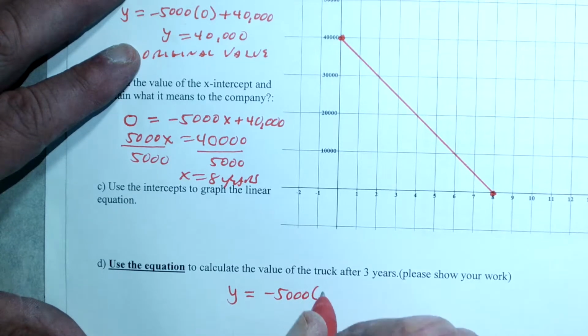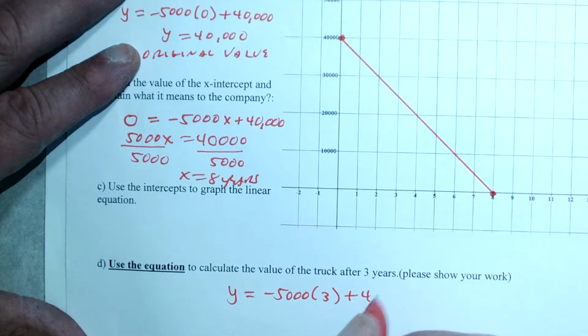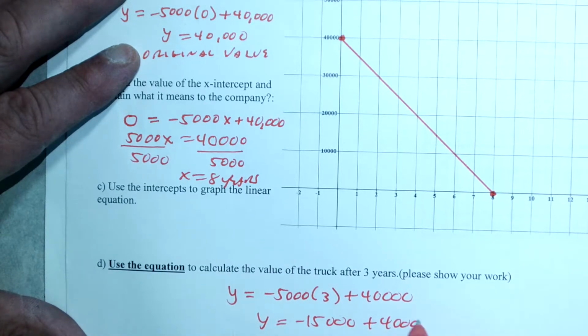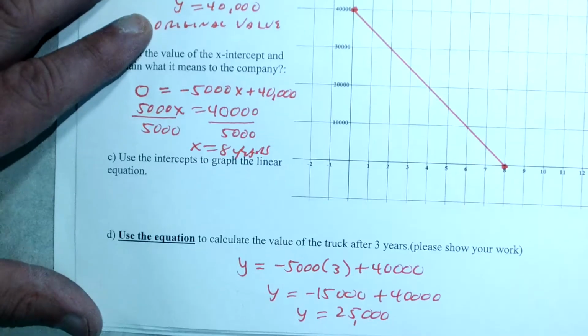We're really taking away $15,000 of value. And so this is negative 15,000 plus 40,000, or our truck after 3 years on the books is worth $25,000, right?